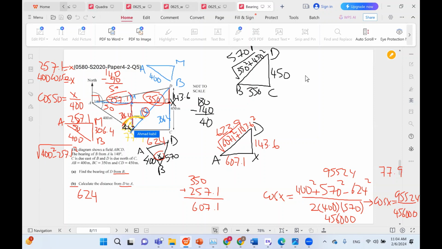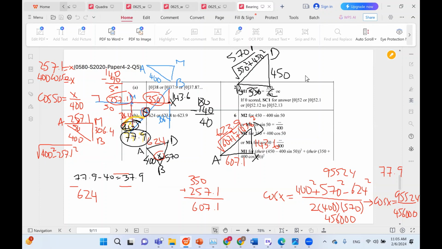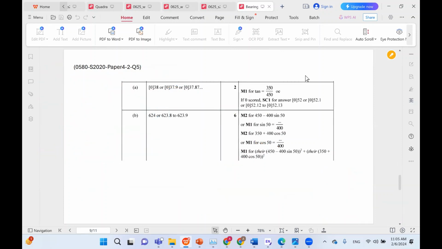So in order to get the remaining part, you do 77.9 minus 40. So this angle theta is equal to 77.9 minus 40. And you get 37.9. So let's first check if our answers are correct. We have 37.9 for the first part and 624 for the second, and they are correct, thankfully.